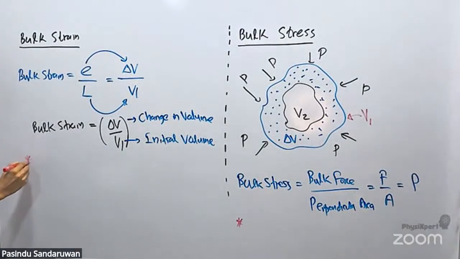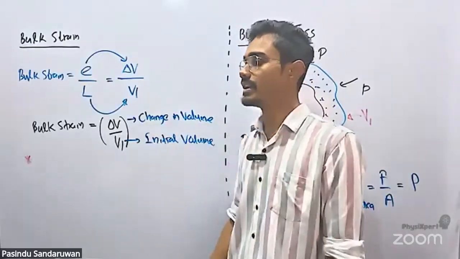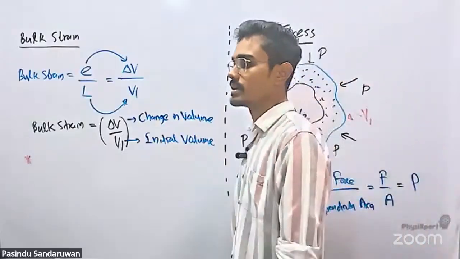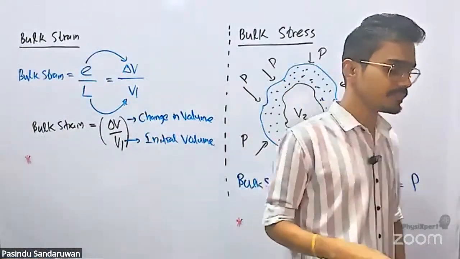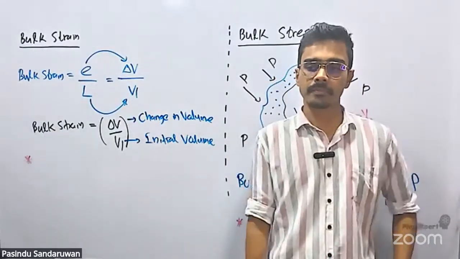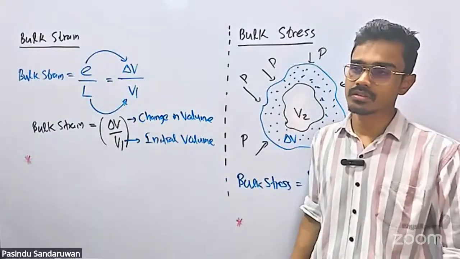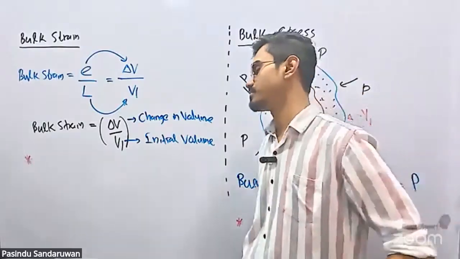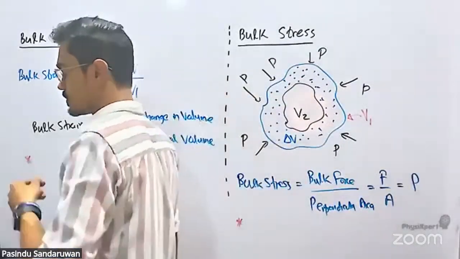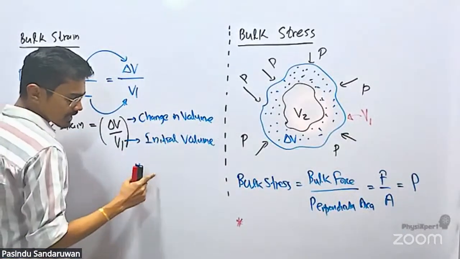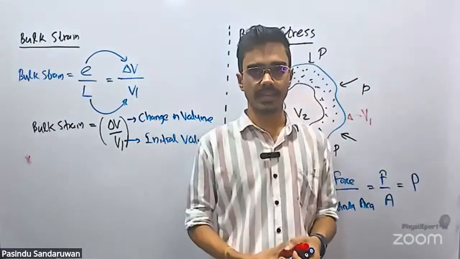Write down the ratio between the decrease in volume and the initial volume due to an increase in pressure.